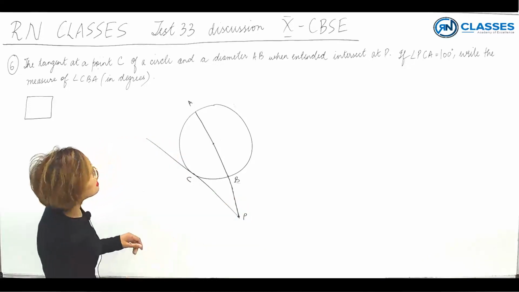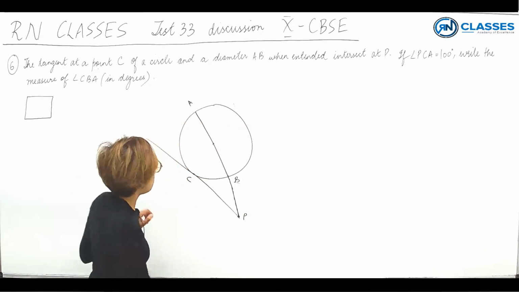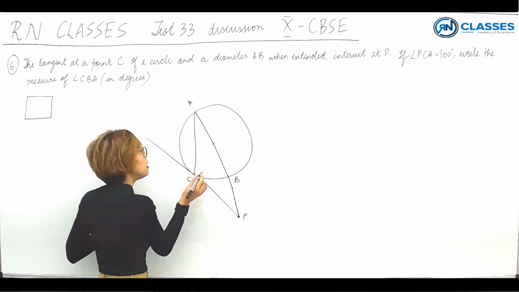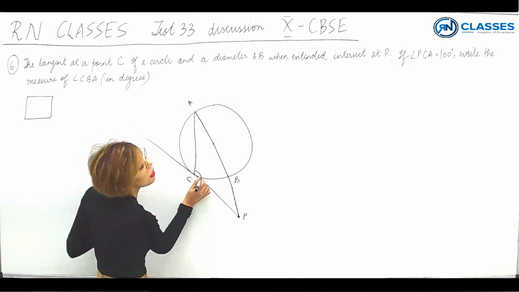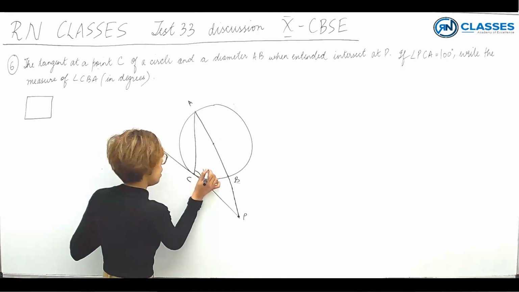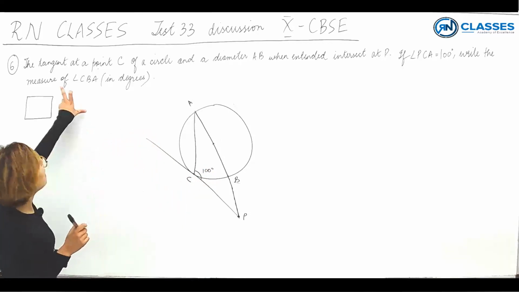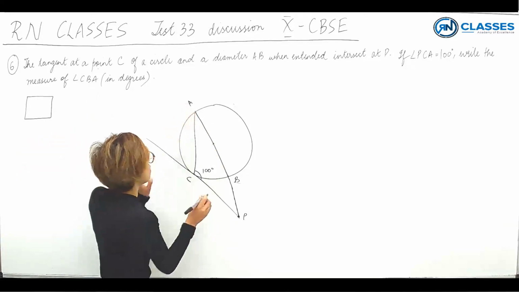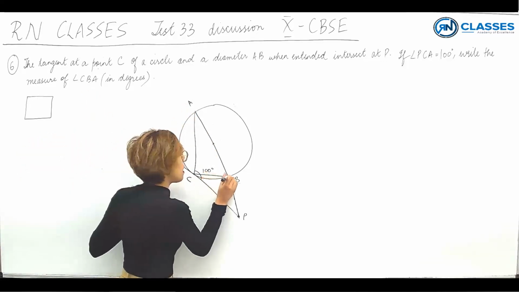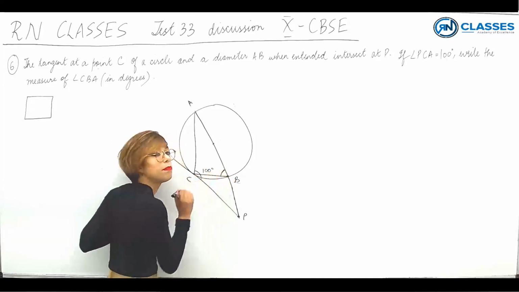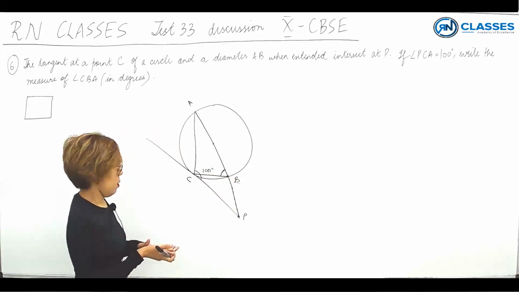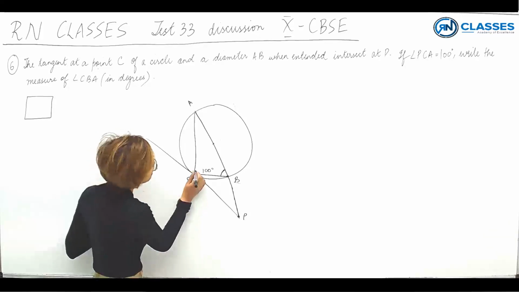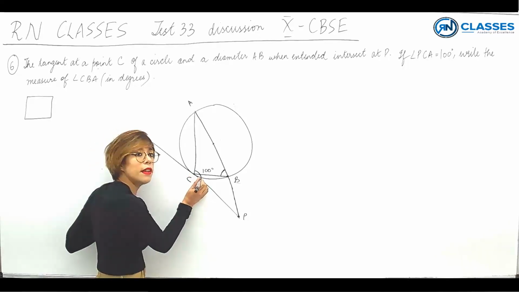Okay. Now, he says angle TCA. TCA. So, join this first. This angle is 100 degrees. Right? 100 degrees. Okay. Then he says write the measure of angle CBA. CBA. So, join these two. I am interested in this angle. Right? Okay. Now, what do I do? I know that this angle is 100 degrees.